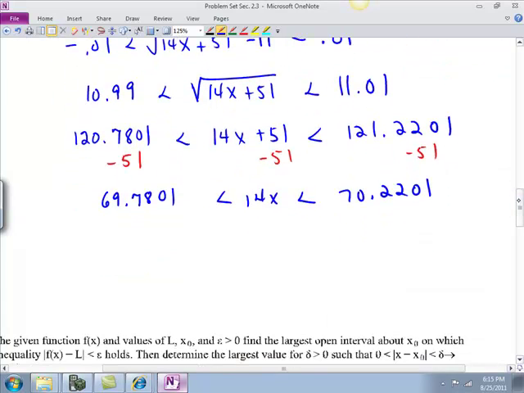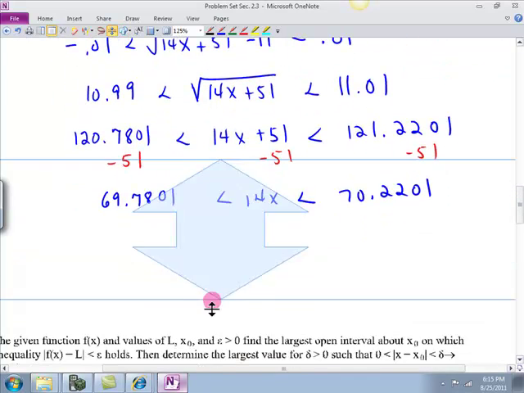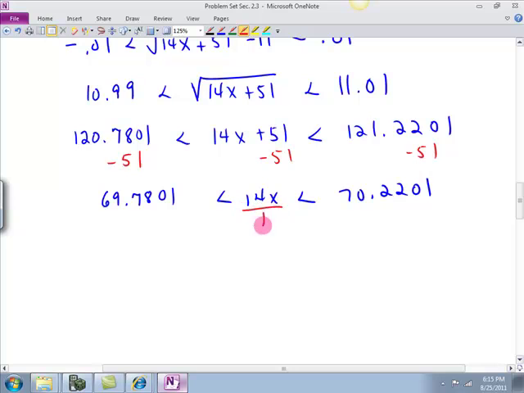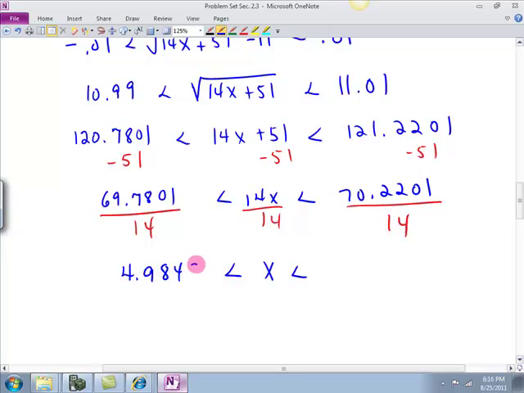And then we will divide by 14. And what do we get? 4.23. Okay. And then over here? Okay. All right. So here's our interval.